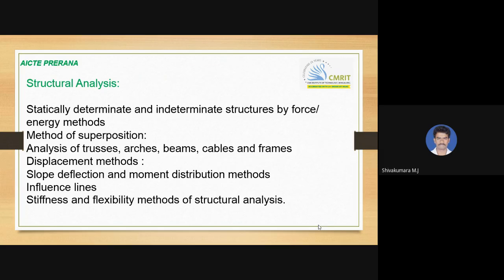Then displacement methods: the analysis of structures by slope deflection method, moment distribution methods, influence lines, stiffness and flexibility methods of structural analysis. So this is the syllabus, which includes both analysis of statically determinate and indeterminate structures by different methods of analysis.